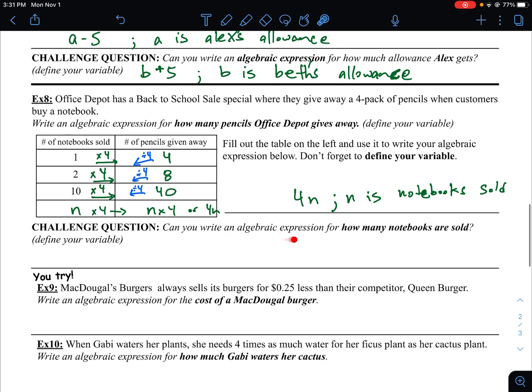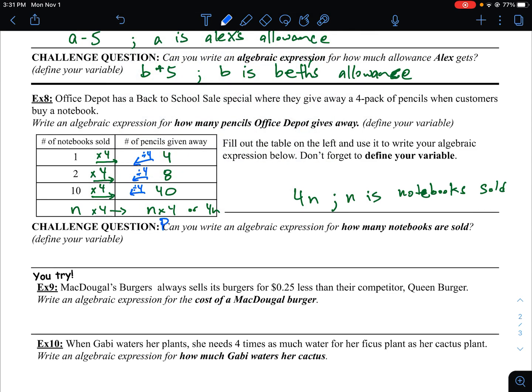All right, they want us to write an expression for how many notebooks are sold. Well, we want to go backwards then. If the number of pencils given away is p, how do I figure out the number of notebooks sold? Well, as I figured out above, you just divide it by 4, p divided by 4, and that's going to get you the number of notebooks sold.